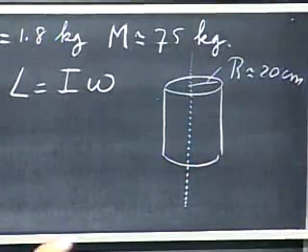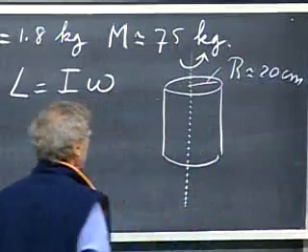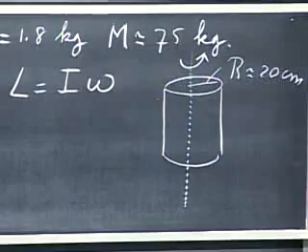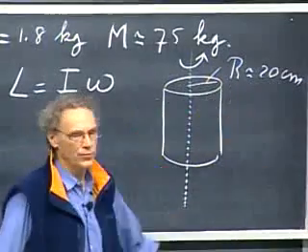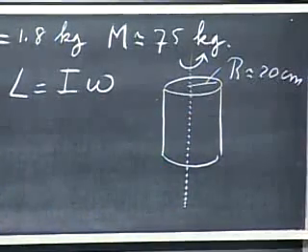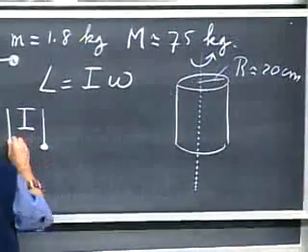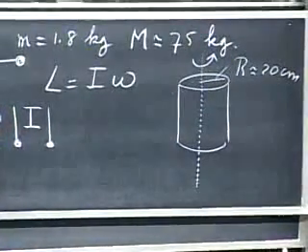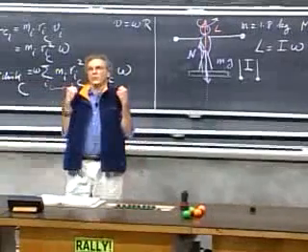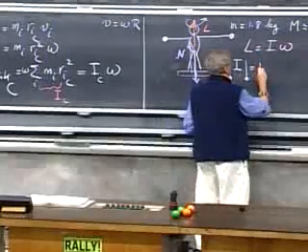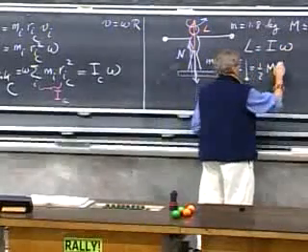And I'm going to rotate this cylinder around this axis, and I can calculate now what the moment of inertia is. This cylinder has a mass of 75 kilograms, has a radius of 20 centimeters, and so the moment of inertia in the situation that, for instance, I have these two objects next to my body here, or I have them like here, so this is my shorthand notation, equals simple 1/2 mr squared.